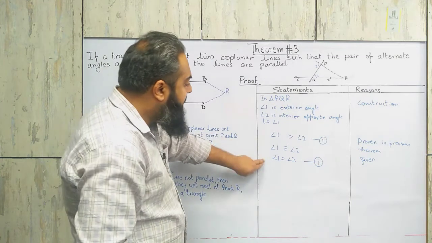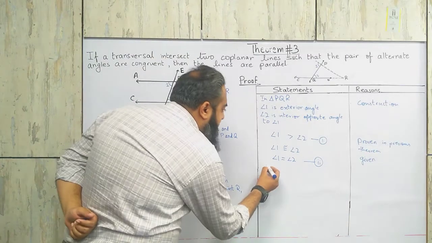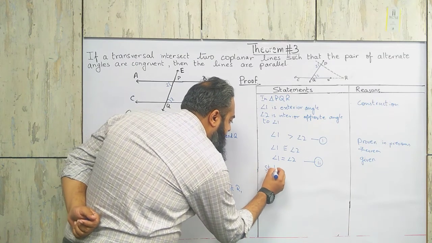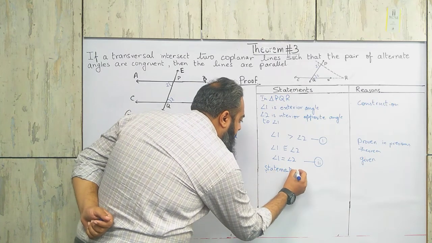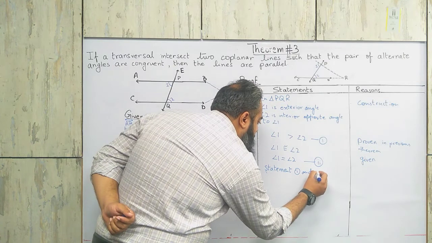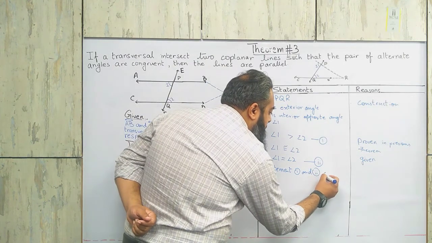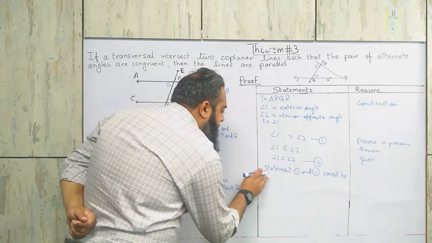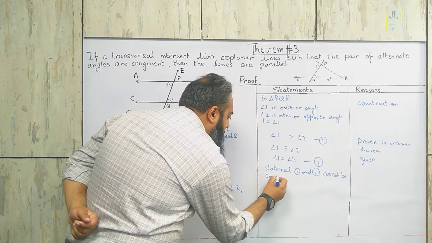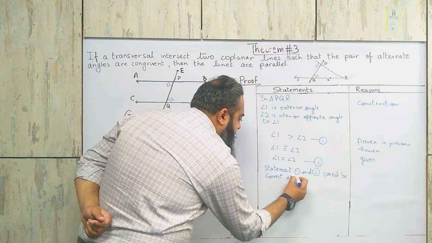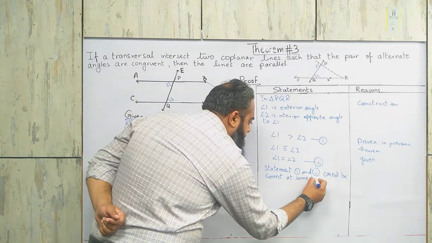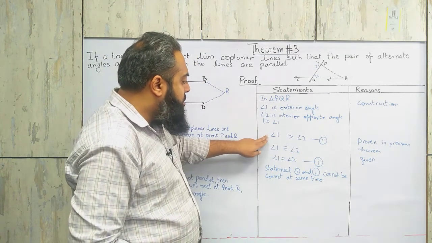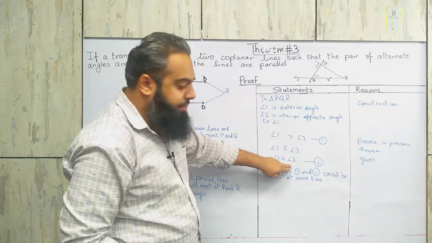Now, if we compare these two statements, we can clearly say that statements 1 and 2 cannot be correct at the same time, because if angle 1 is greater than angle 2, it cannot be equal to it.